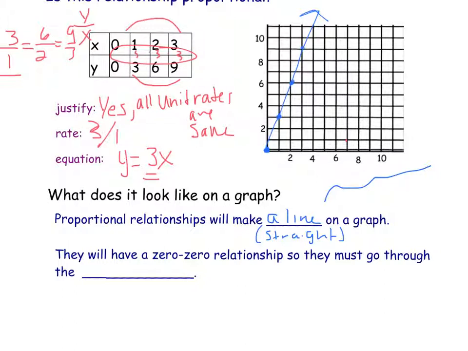And just like we talked about yesterday with tables, it has to have that 0, 0 relationship. So here, when x is 0, y is 0. So any proportional relationship graph goes through this point right here, and that point right there is called the origin. The origin. It's where the graph is 0, 0.